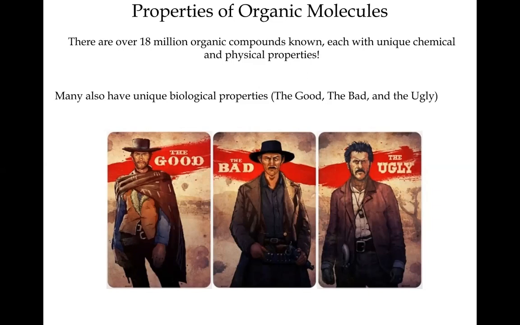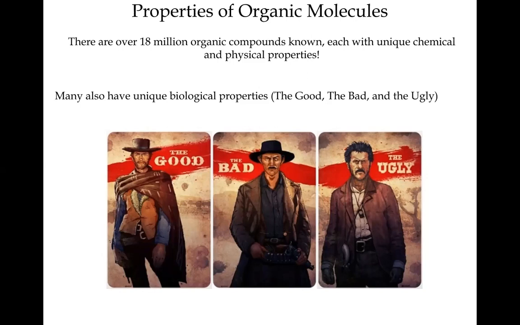For instance, I just finished off some coffee. Caffeine is a biomimetic in neurochemistry, and we'll talk about that later at some point. It mimics adenosine, which builds up in your brain and tells you that you're tired. But anyway, all of these molecules are different, and some are good, some are bad, and some are downright ugly, right?